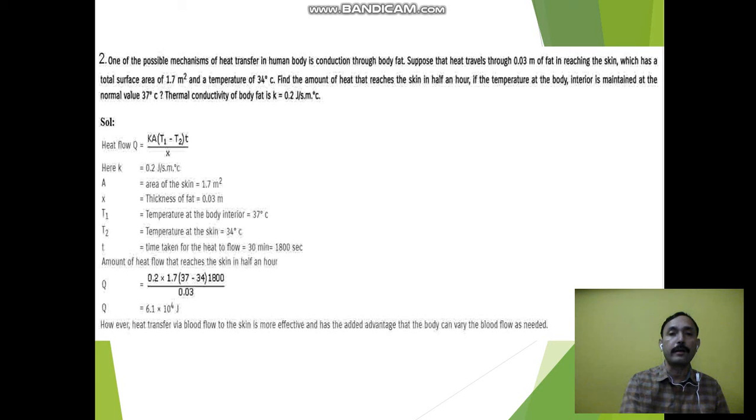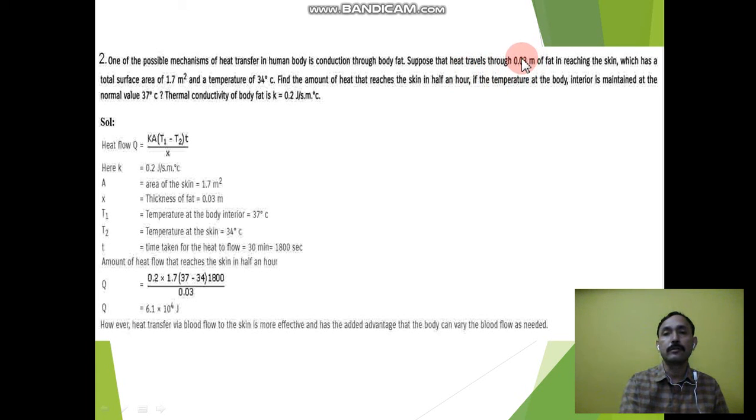Time t is half an hour. Half an hour means 30 minutes into 60, that means 1800 seconds. And thickness X is given, heat travels through 0.03 meter.